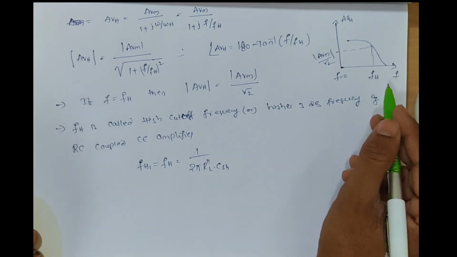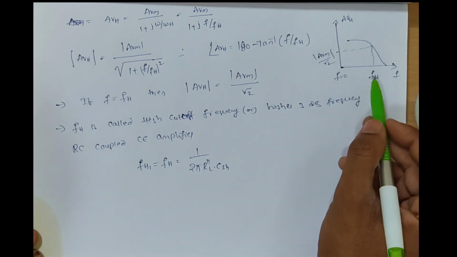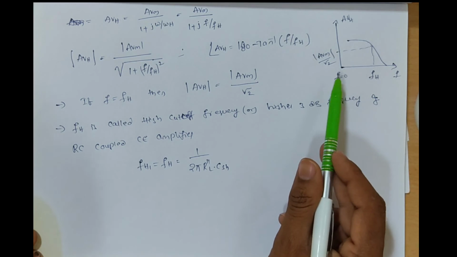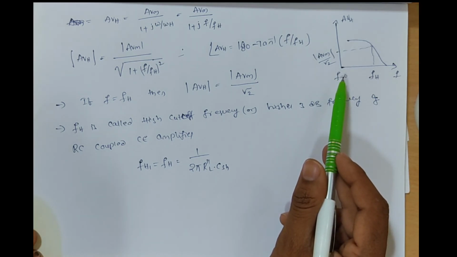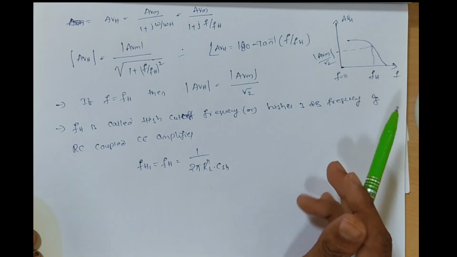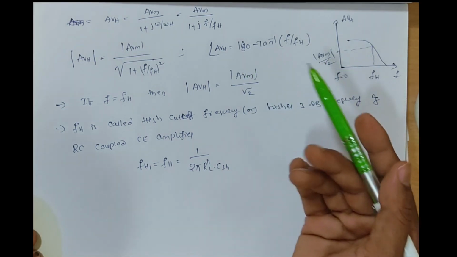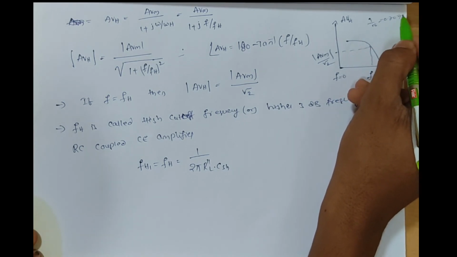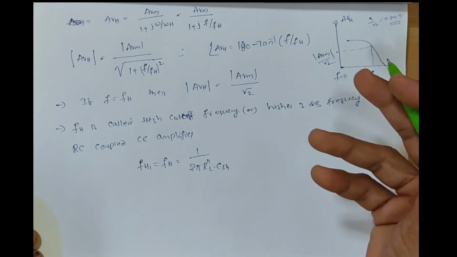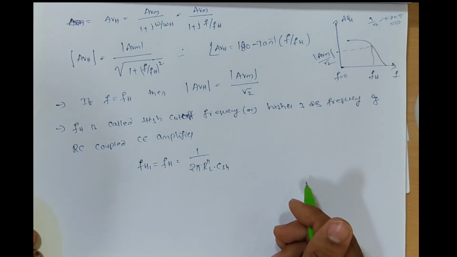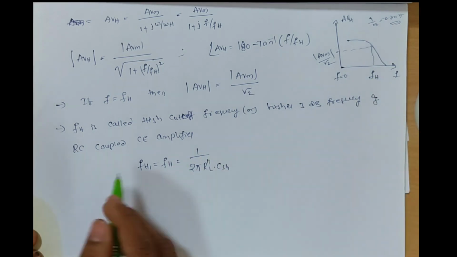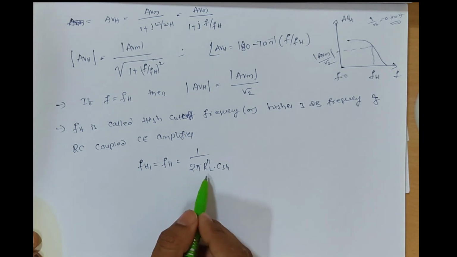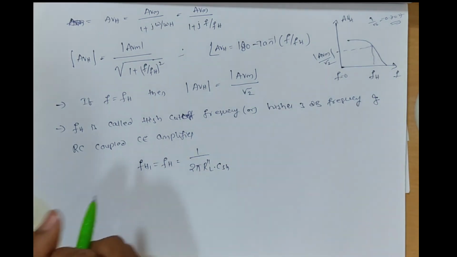So the upper cutoff frequency is the frequency at which the gain is 70% of the midband gain. Why do I keep saying 70%? 1 by root 2 is 0.707, so it is approximately 70% of the midband voltage gain. That frequency is called FH. This is the upper cutoff frequency because of the effect of the shunt capacitor.